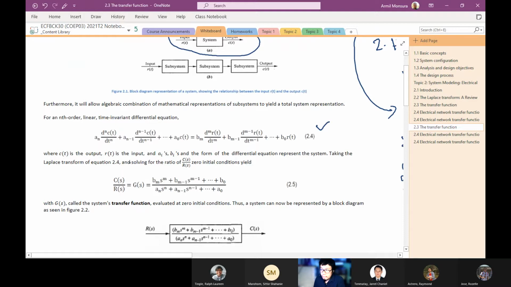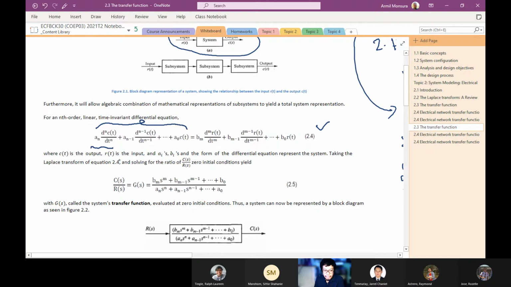The problem there is, first, if this is a very complex system, then this differential equation tends to be complex, especially this side. If your system is too complex, that side may actually contain really high orders of derivatives.